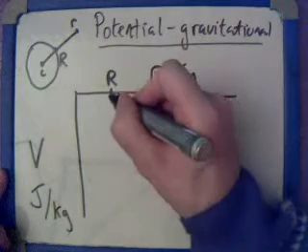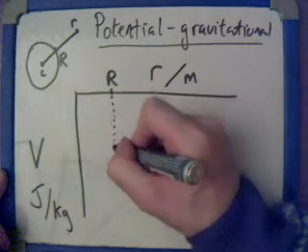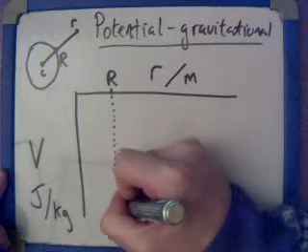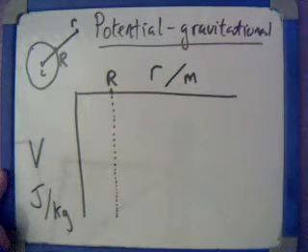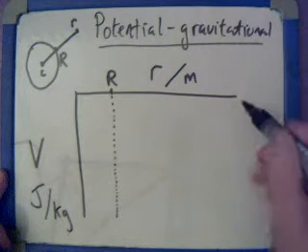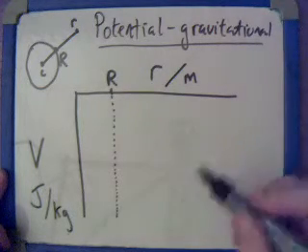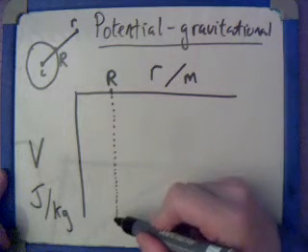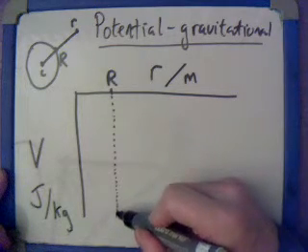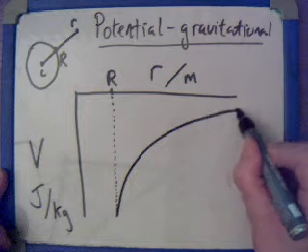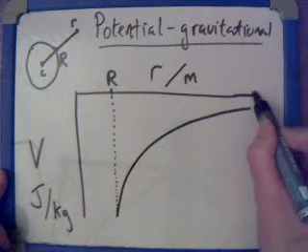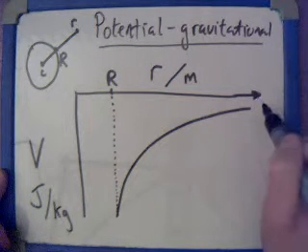Okay, and I'll draw this line here because we don't get into potentials in the center of the Earth, so we could have a line that starts here and approaches infinity.